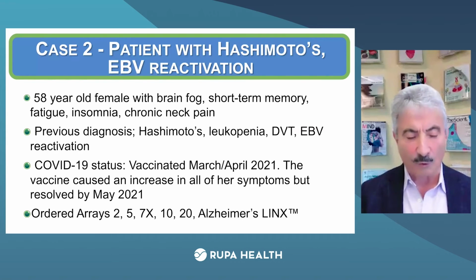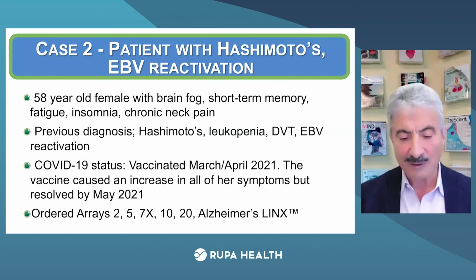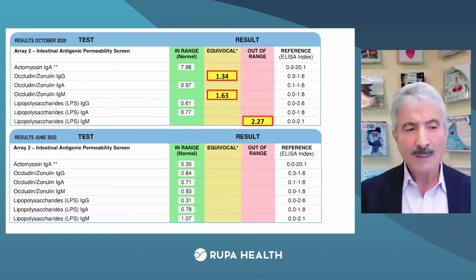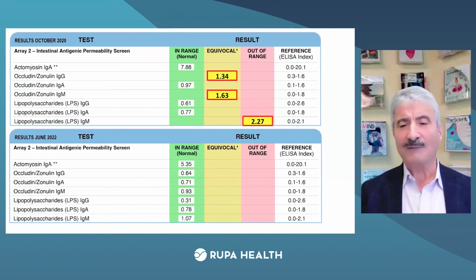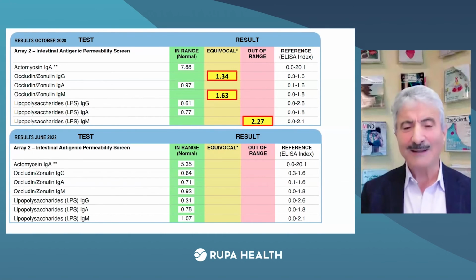And then the doctor ordered Array 2, looking at the gut autoimmunity, Array 7X, neuroautoimmunity, looked at the food, looked at blood-brain barriers, and finally looked at Alzheimer's links. The first test of leaky gut was ordered in October 2020, with significant abnormalities.